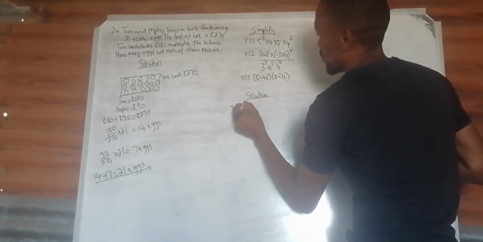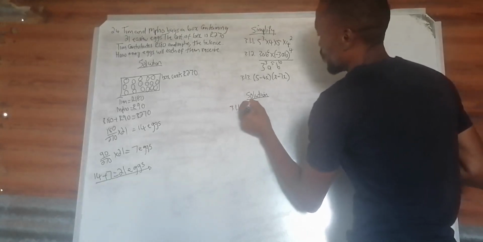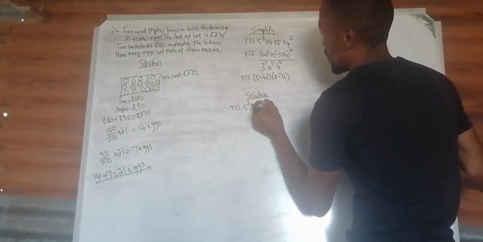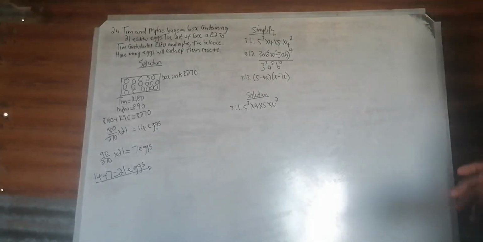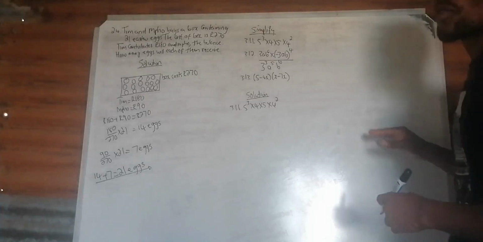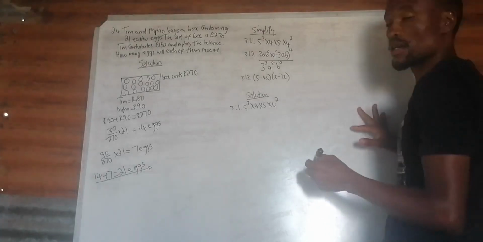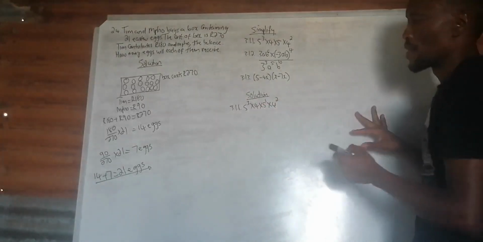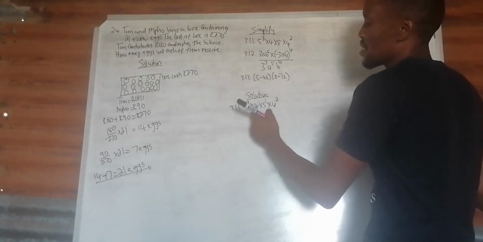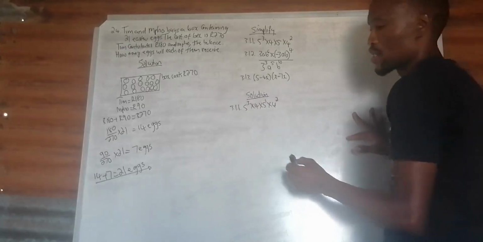3.1.1: 5 cubed times 4 times 5 times 4 squared. They are expecting that you use the laws of exponents. First of all, it is important that we check the exponents. When we multiply numbers of the same base, we add the exponents.